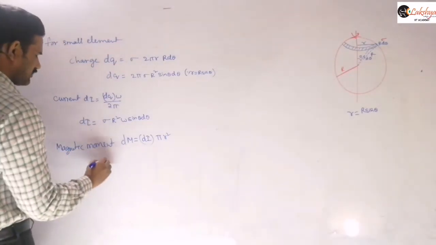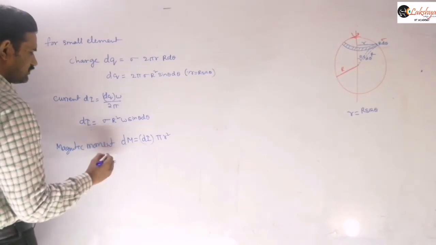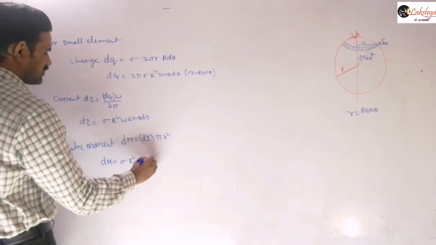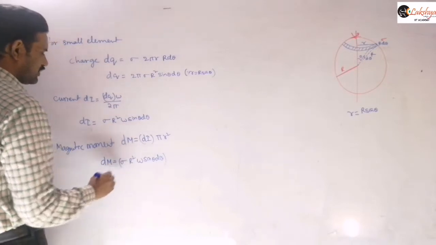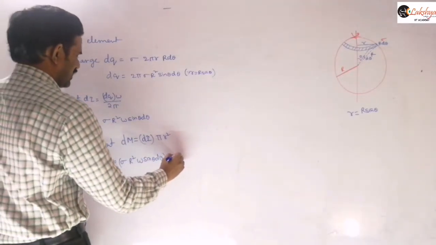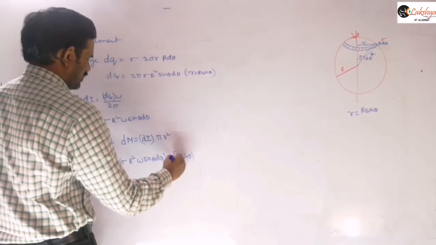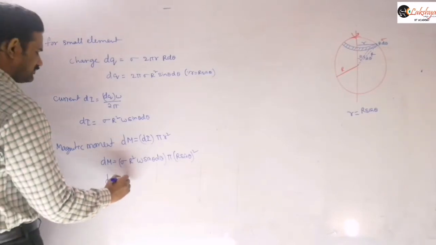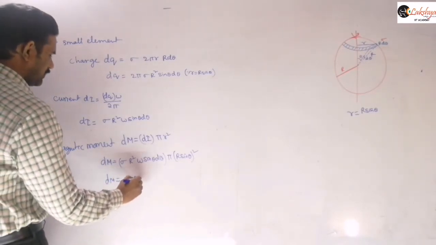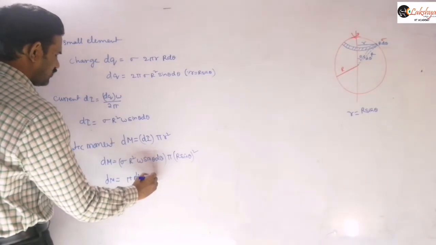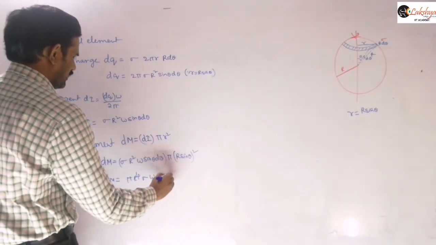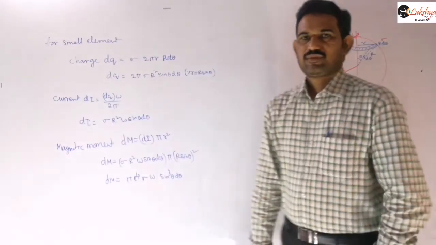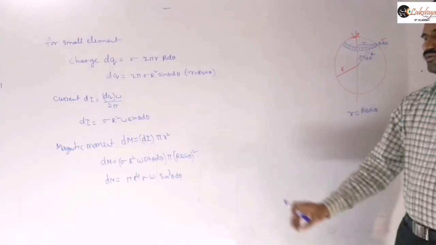Therefore, with di as sigma r square omega into sin theta d theta, into pi r square, and again this value I can write as r sin theta whole square. So this dm is equal to pi r power 4 into sigma into omega into sin cube theta d theta. Is it clear? So we are writing sin cube theta d theta there.